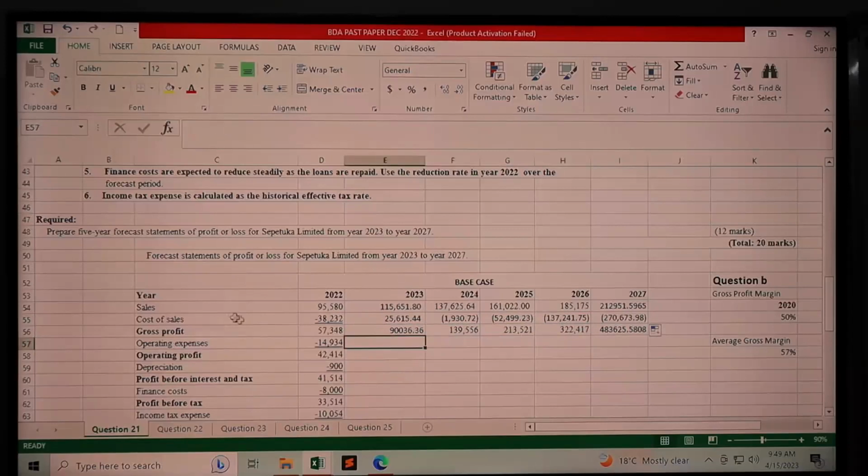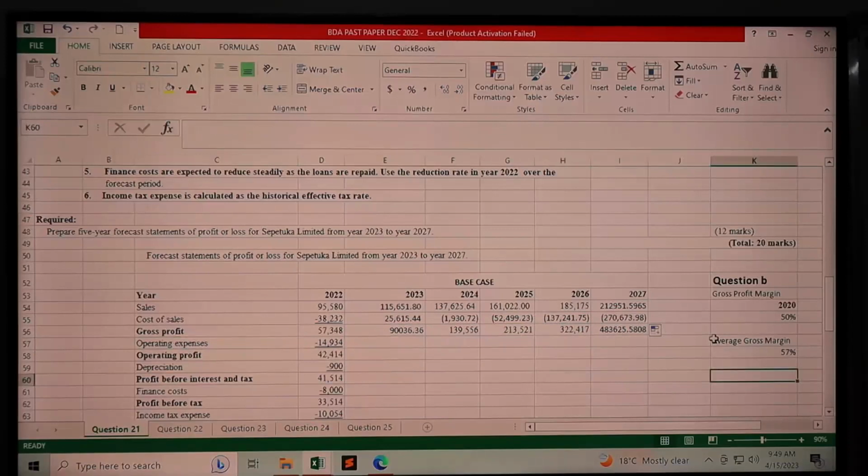For operating expenses, you take the total expenses minus the interest expenses, over sales. So that is the computation we had here.